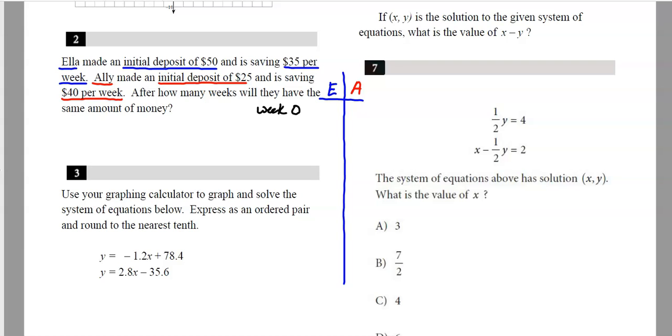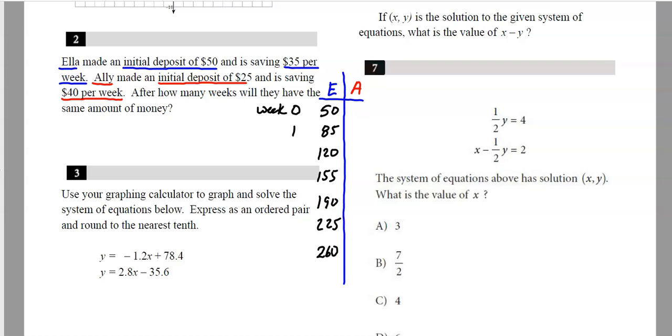Ella starts with $50, and then she increases 35 per week. So I got to keep adding 35. So week 1, she's at 85. Add another 35, that'd be 120, 155. Another 35 is 190. Another 35, 225. Another 35, and hopefully that's far enough.